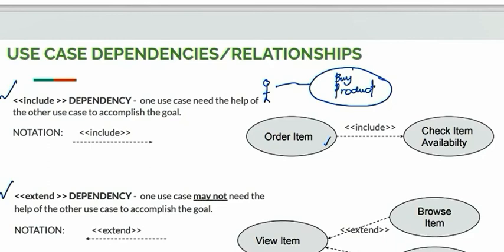In reality we can browse the products, right? We can see the products just like in Lazada. You can see the products, but if you attempt to buy the product, the system will ask you to log in your account. This is your user account. So therefore, the relationship between buy product and login account is include.